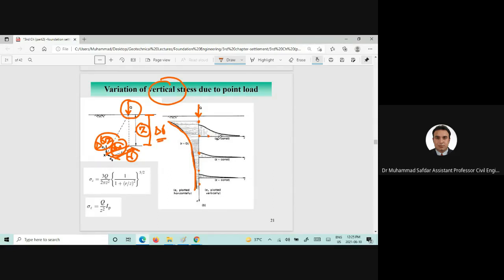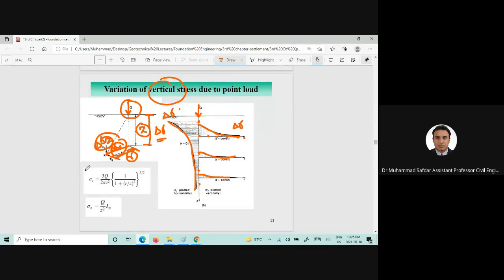Similarly, if we want to go away from the central line of the point load, the variation of the stress increase delta sigma will look like this.